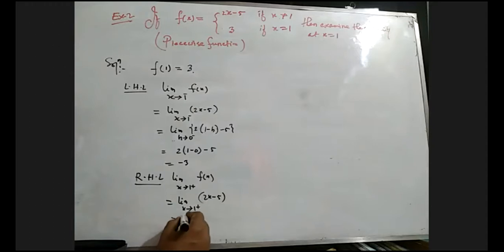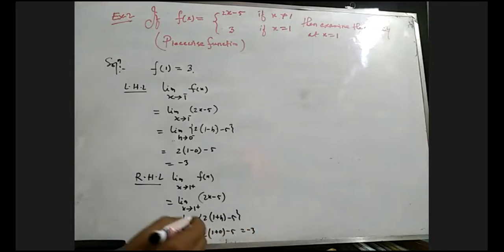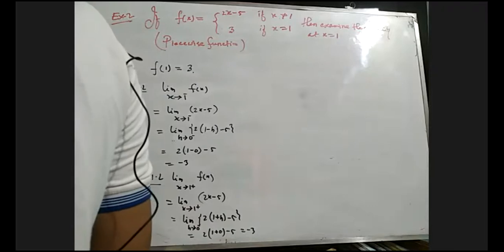So in that case, applying the same method, a tends to 0 plus, 1 plus a. Similarly, putting a equal to 0, we get minus 3 also.